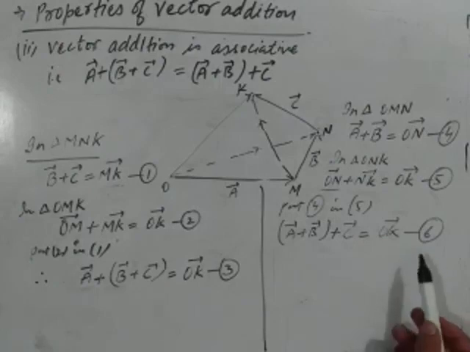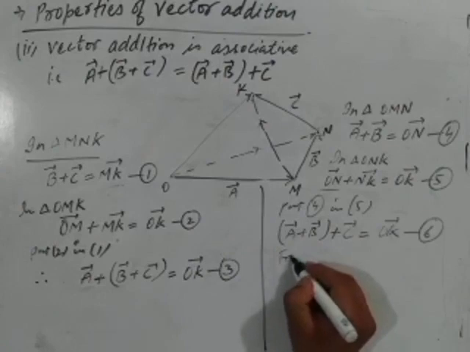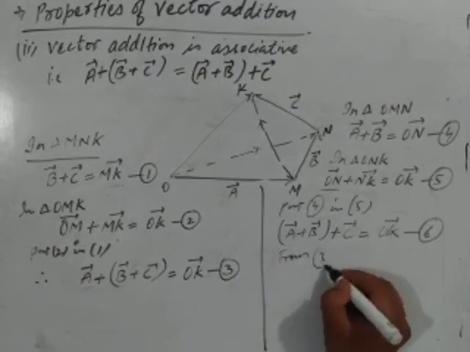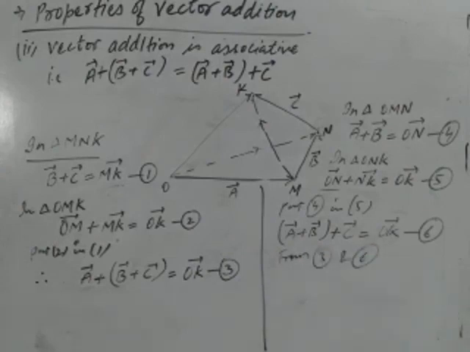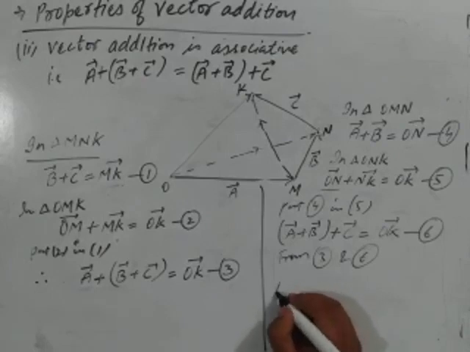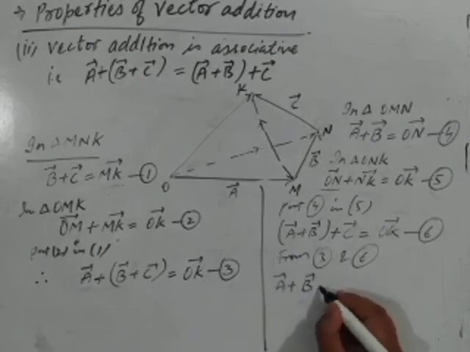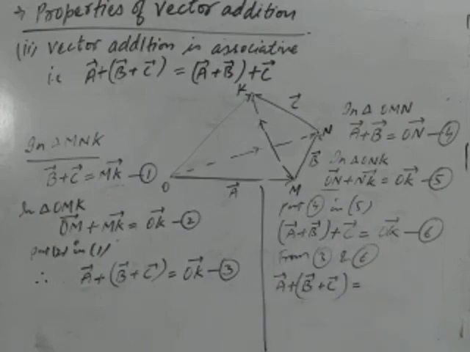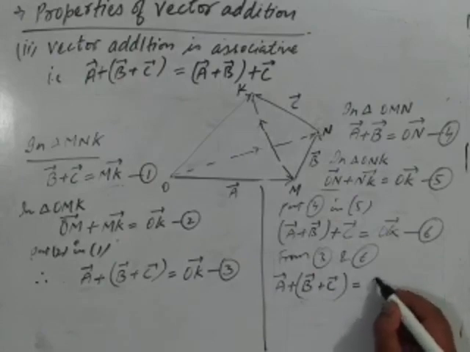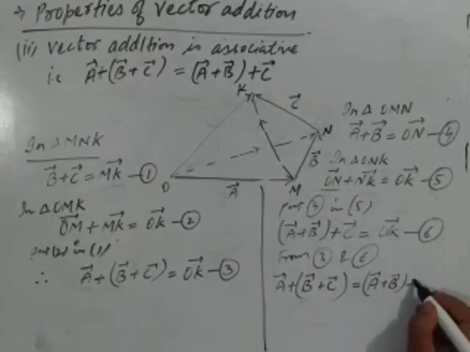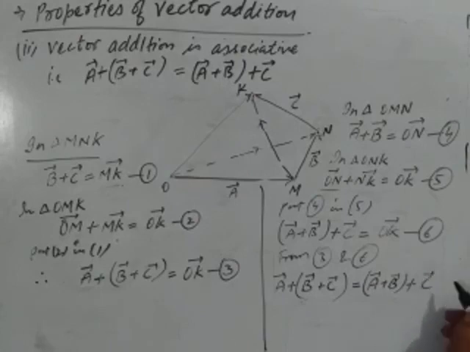If we compare equation 3 and equation 6, it is clear that A vector plus B vector plus C vector is equal to A plus B vector plus C vector.